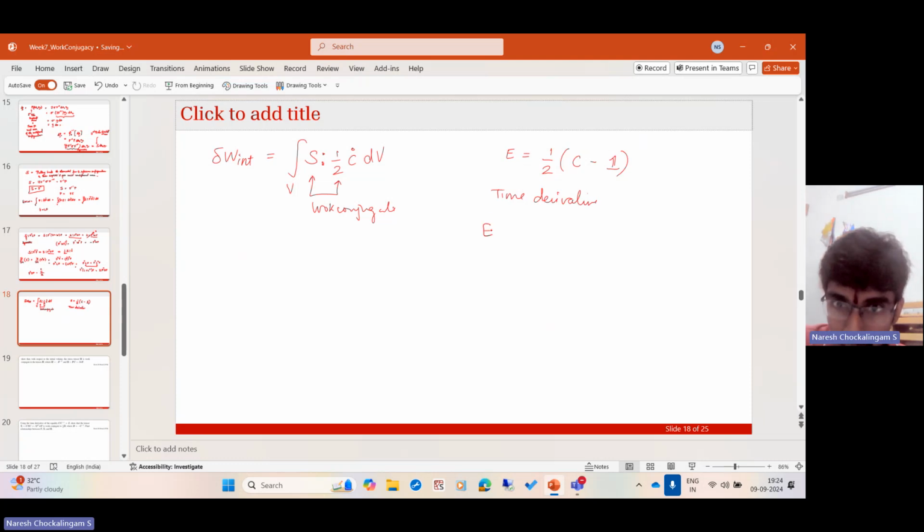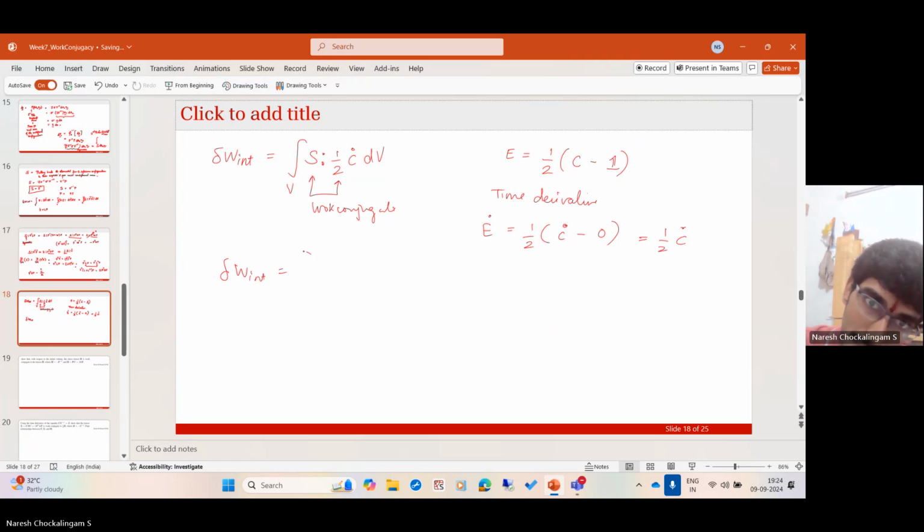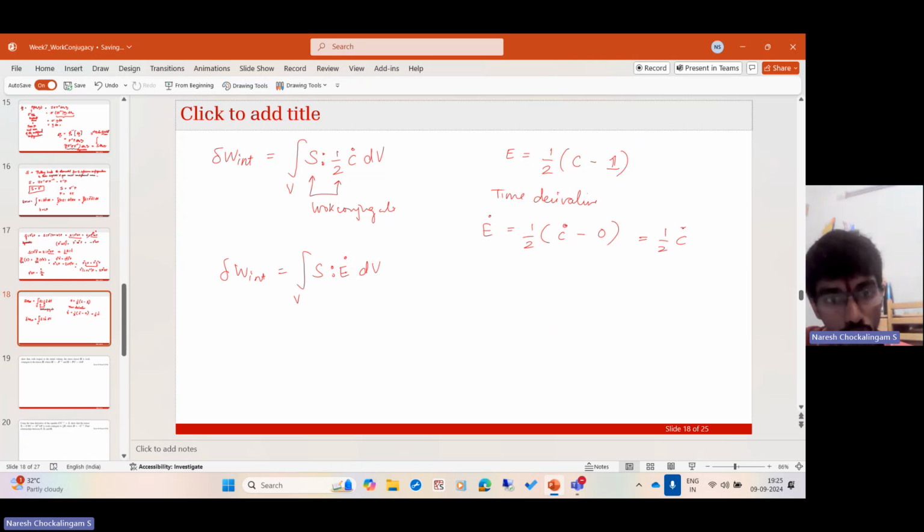We get E dot is equal to half, a constant, times C dot minus the time derivative of a constant, which is 0. This is nothing but half C dot. So you can replace it as S contracted with E dot dV. So we have got a third work conjugate pair, which is S and E dot.